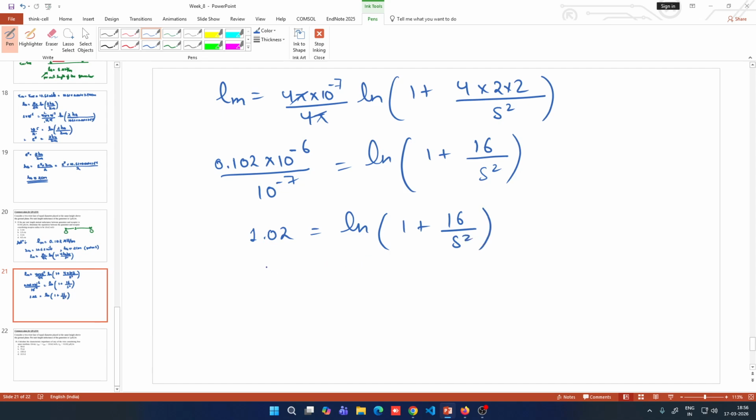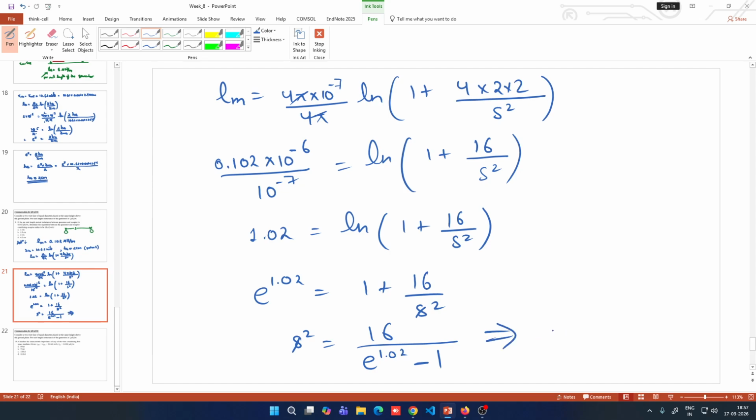I can take exponential on both sides, so this side becomes e to the power 1.02 and this becomes 1 plus 16 by S square. We can rewrite this as S square equals 16 over e to the power 1.02 minus 1, since the 1 can go to the left-hand side.